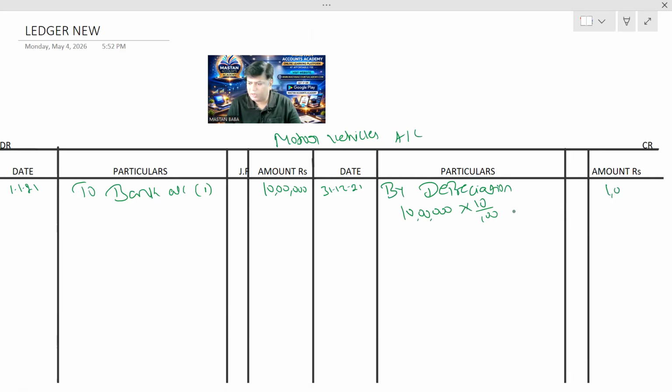So just balance it: 10 lakhs minus 1 lakh, you will get 9 lakhs, by balance carried down, 9 lakhs.